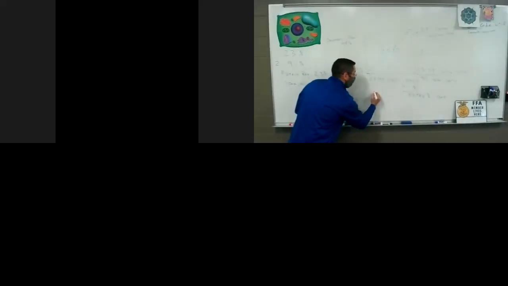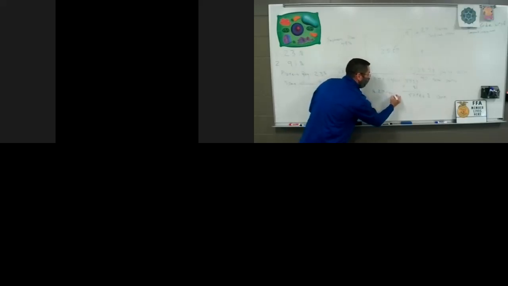Let's do the same thing with soybean meal. We're going to take this number, which is 16.27, and divide it by 40. Which is 0.40675. I'm going to do this in a different color.